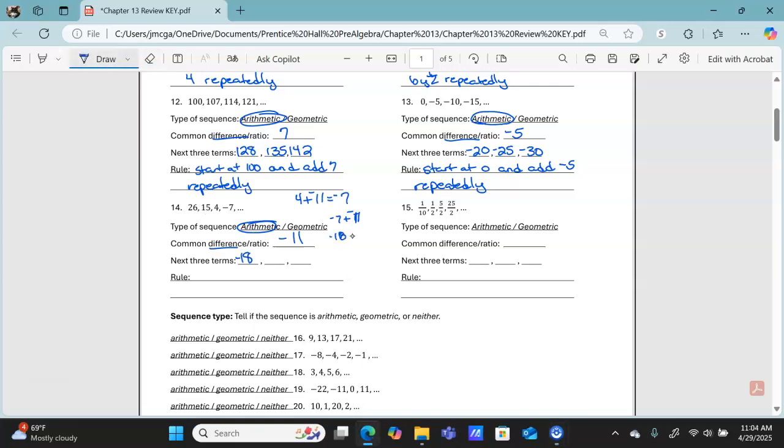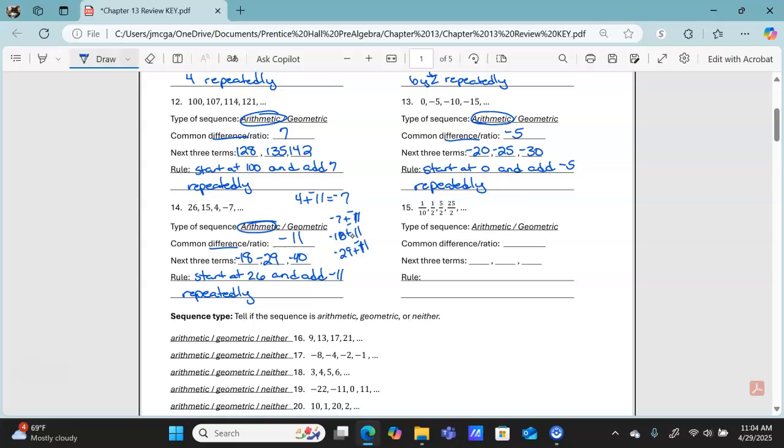Negative 18 minus 11 is going to be negative 29. Negative 29 minus 11 is going to be negative 40. And your rule is start at 26 and add negative 11 repeatedly. And the reason why we're saying add negative 11 is because of the definition of an arithmetic sequence. An arithmetic sequence is a sequence in which we add a common difference.